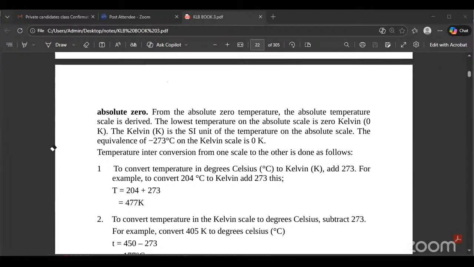So to convert degrees Celsius to Kelvin, we add 273, which is very important. For example, convert 204, you're adding 273. That one is easy. My problem normally comes to this one, which I normally find very confusing, especially to the students. So to convert the temperature in Kelvin scale to degrees Celsius, you minus 273.